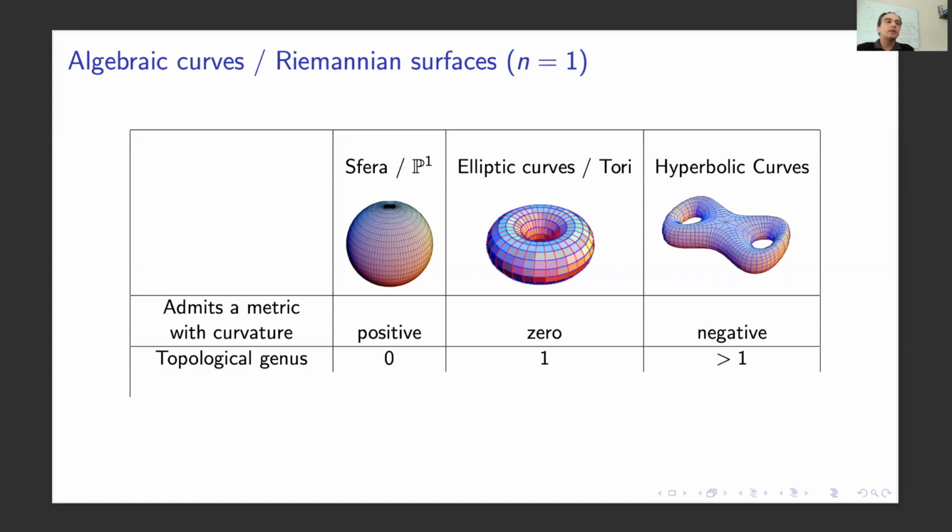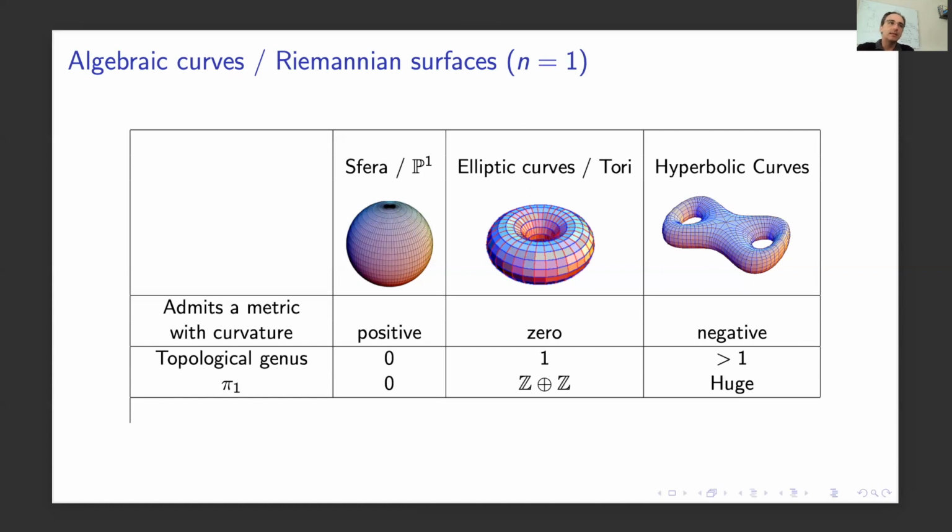From a topological point of view, we already mentioned the genus. This is a very simple fact. The sphere has genus 0, the elliptic curves have genus 1, and the hyperbolic curves have genus greater than 1. Of course, this alone is not very interesting, but there are many topological properties that depend on this classification.